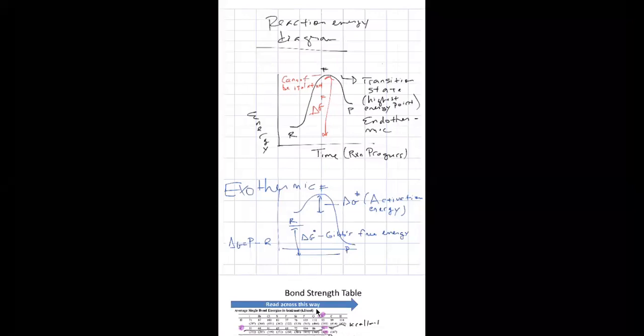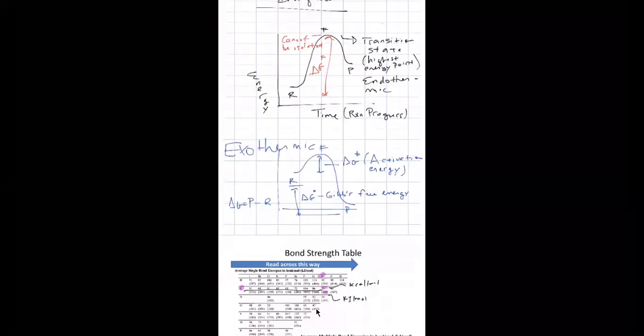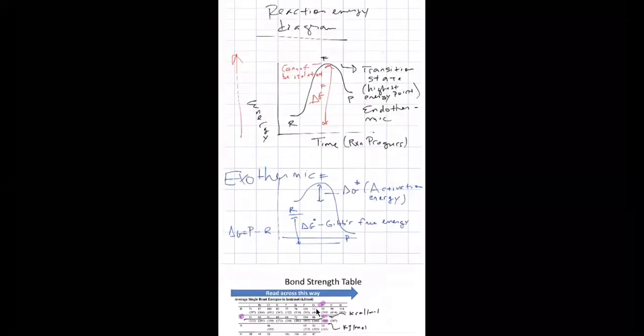If energy is increasing in this direction, P is higher in energy than R. So when you subtract R from P using this equation, you're going to get a positive number. So if delta H is positive, which corresponds to an endothermic reaction, then delta G is also going to be positive because the products' energy is higher than the reactants' energy.